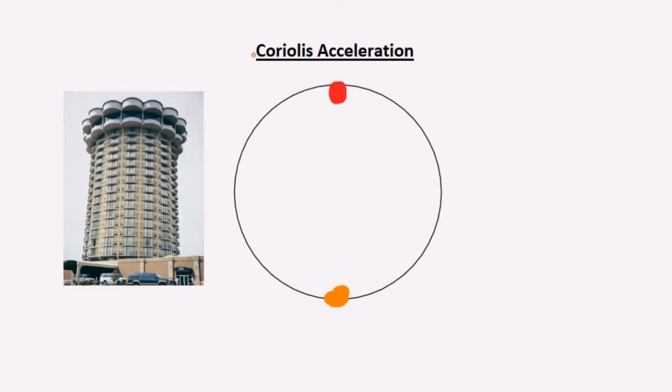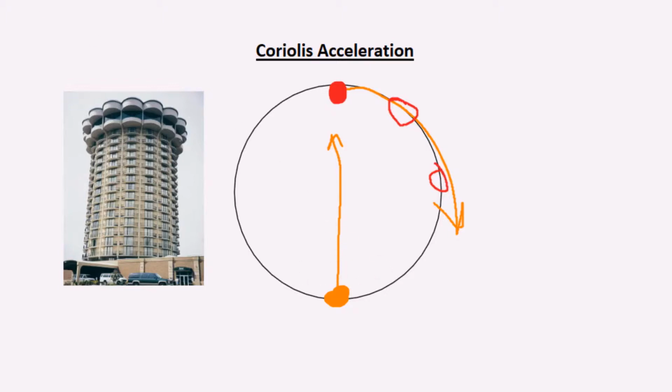Now, this is where the Coriolis acceleration comes into effect. Since this is rotating, let's say this way, if this person throws it directly across, it's not going to reach the red person, because by the time that the food would reach that person, the red table could be over this way, could be here, depending on how fast it's rotating. So in order to counteract that, they could use the Coriolis acceleration to make a little equation to see where it would go.